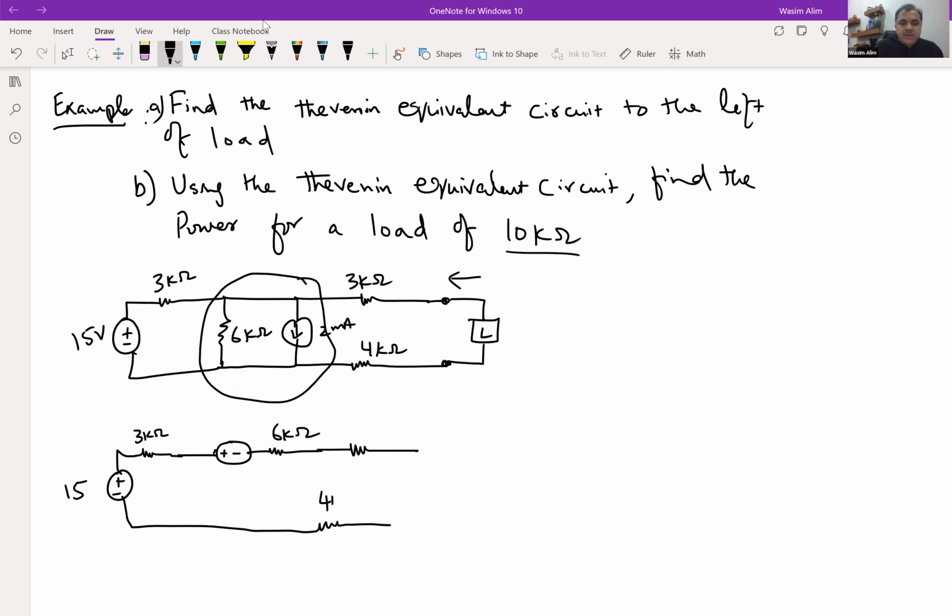And don't forget this 4 kilo ohm resistor. So this is the 3 kilo ohm resistor here, 6 kilo ohm here. And let's find the value of this voltage source.